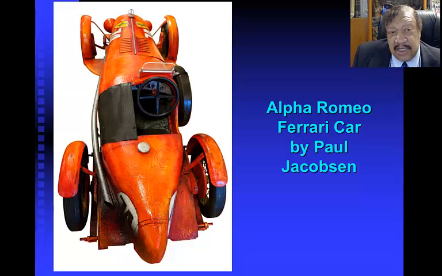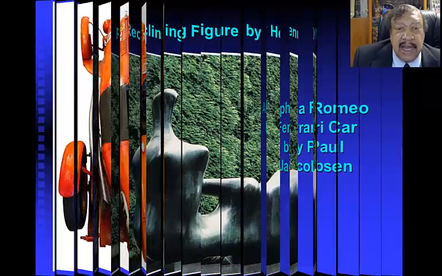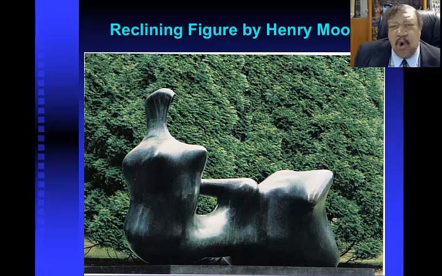Paul Jacobson did a piece of sculpture he calls the Alfa Romeo Ferrari car, and he painted it real red, but he put it together. And Henry Moore is a very famous sculptor. If you go to the Museum of Modern Art, go out into the garden, you'll see a lot of Henry Moore's work.